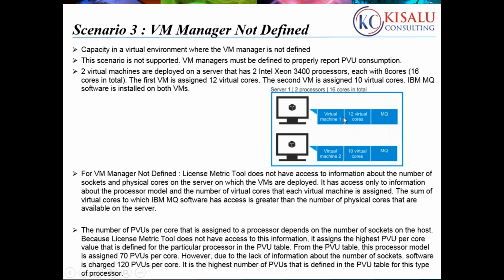There is a danger here. For example, as I showed before, you can create a VM and give it more cores than the physical machine has. So if I've got a machine which has a physical core total of 16, I can create two virtual machines and give them more than the 16 cores. Here I'll give 12 and there I'll give 10 on my virtual machines.